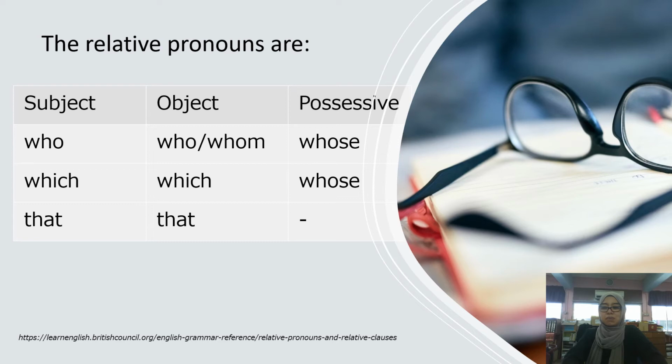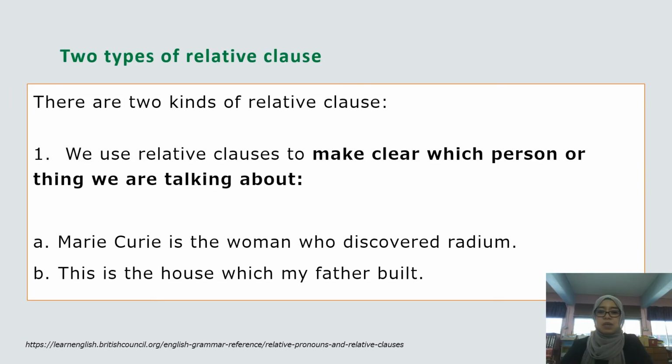Here we have two types of relative clause. Number one, we use relative clauses to make clear which person or thing we are talking about. Look at the example: Marie Curie is the woman who discovered radium.